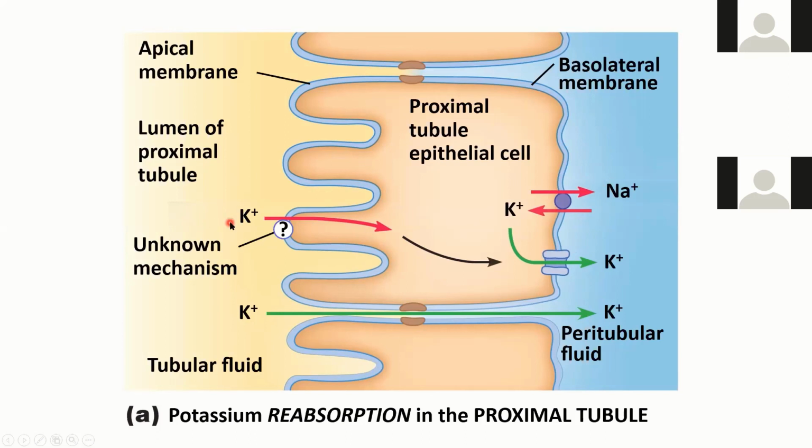Another thing that does happen, although they actually don't know exactly what kind of transporter is doing this, we have some type of membrane protein that's pushing potassium from the tubular fluid into epithelial cells in the proximal tubule. So that's an avenue of current research.